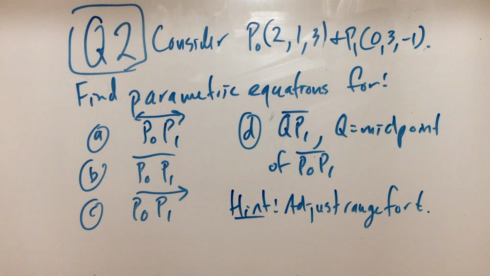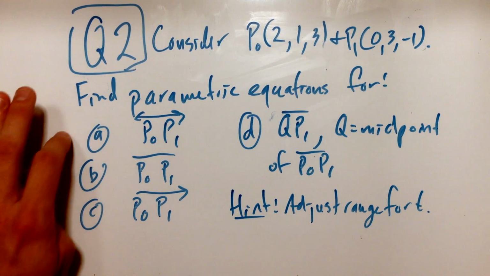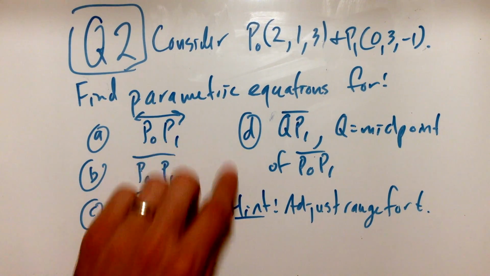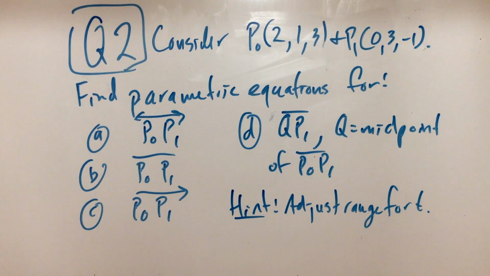Here's a hint. The same exact equations for x, y, and z in terms of t work for all four of these. Just adjust your range for t. These are pretty much just following along what we've already done, and these two are just asking you to extend the ideas a little bit.